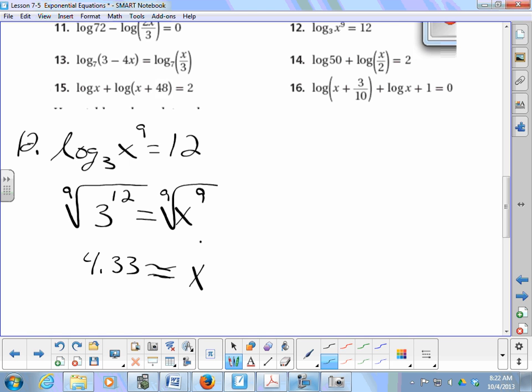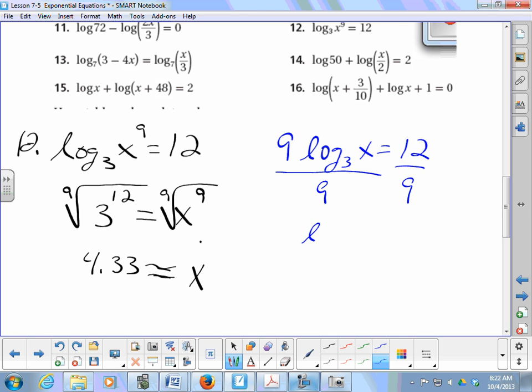The other way you can do it is you could use the power rule, which says that I'm going to take that 9 and move it to the front, right? So we have 9 log base 3 of x equals 12, which means then I can divide by 9.